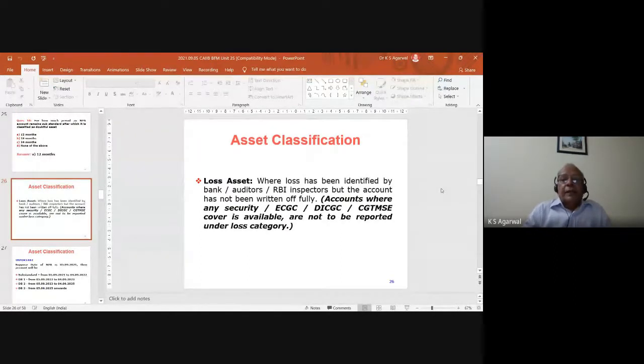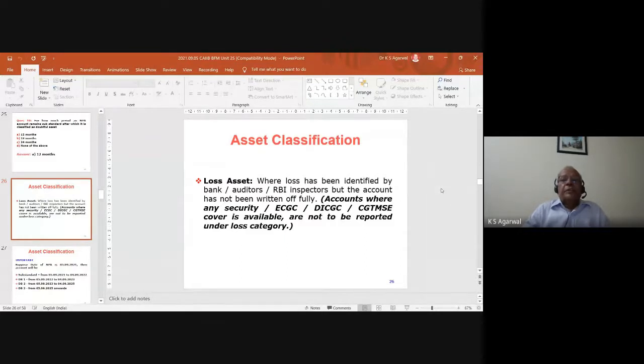Because of aging, an account never becomes loss. An account is categorized as loss asset only when there is loss of security. So where loss has been identified by bank auditors or RBI inspectors, and the account is existing in our books, then this will be treated as loss asset.